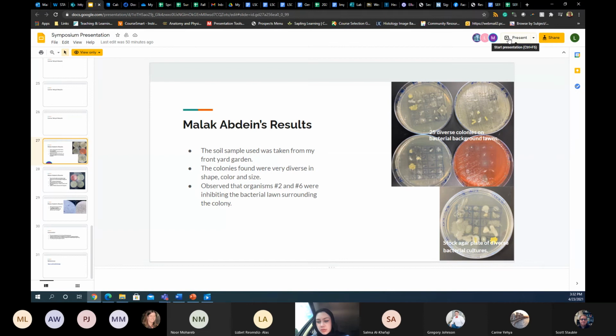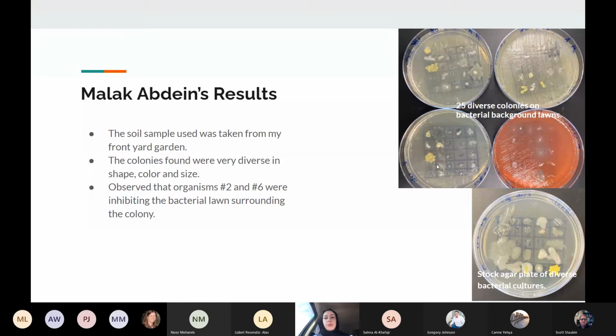So for my results, I took my soil sample from my front yard garden, and when I plated them onto 4 of the bacterial background lawns, I found that 2 of my organisms had inhibition, and those were 2 and 6.